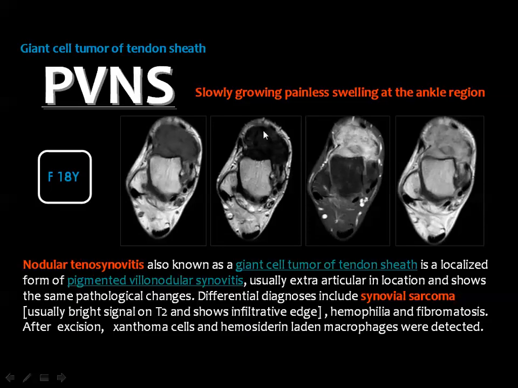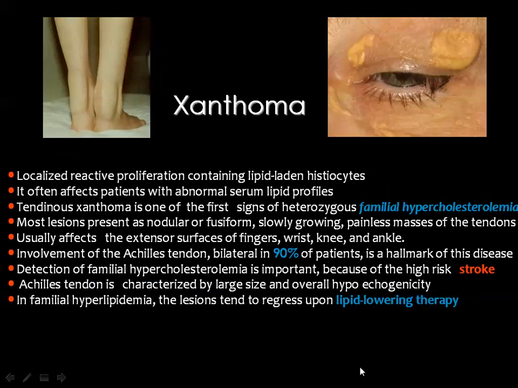And of course, synovial sarcoma does not contain hemosiderin. And in most of the cases you will have the biopsy, as I have mentioned in the first part of these lectures.